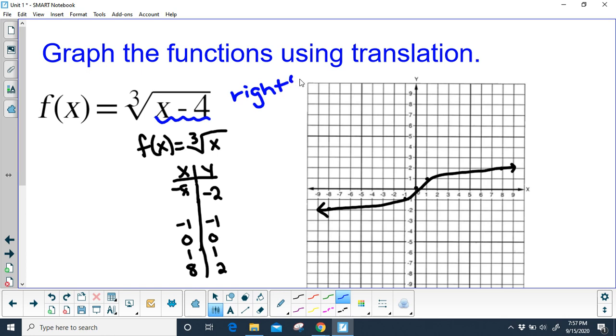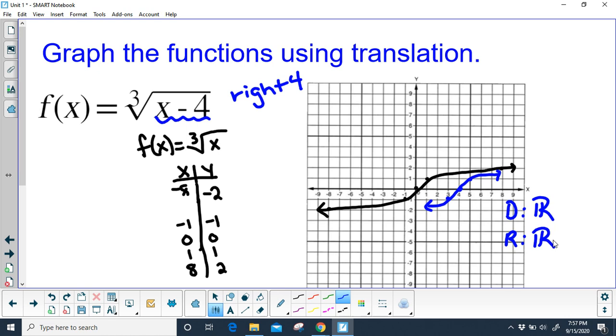Anything inside that function moves left or right, but it's going to be opposite of what's inside that function. So minus goes right, plus goes left. And it is gradually going up and down forever as it goes left and right. So that means the domain's all real numbers and the range is all real numbers.